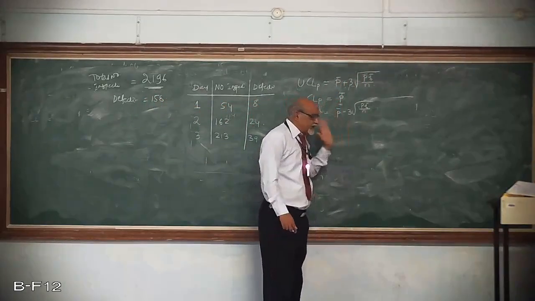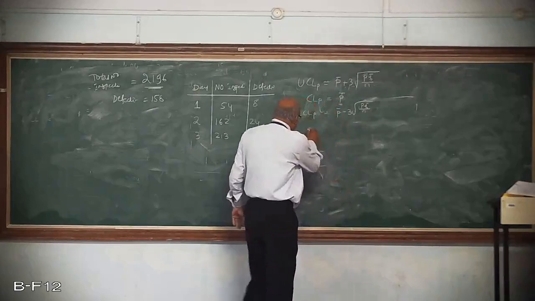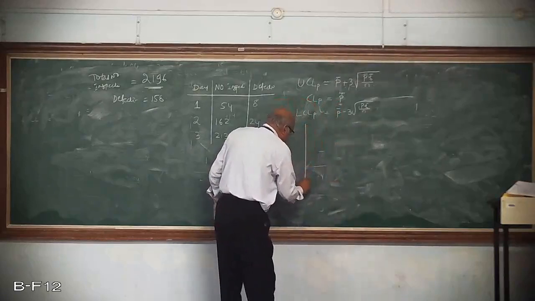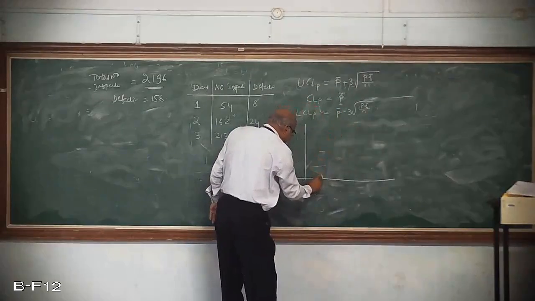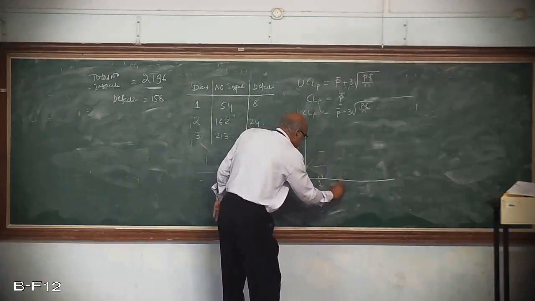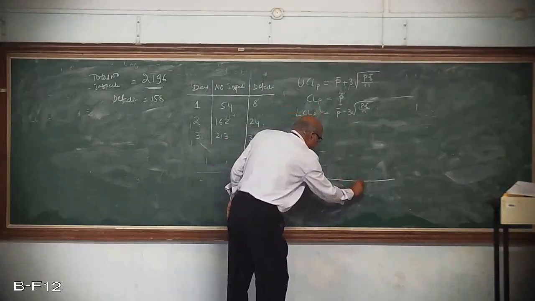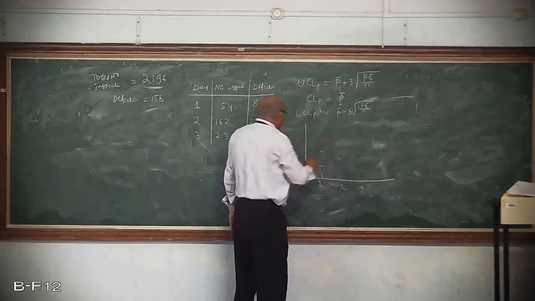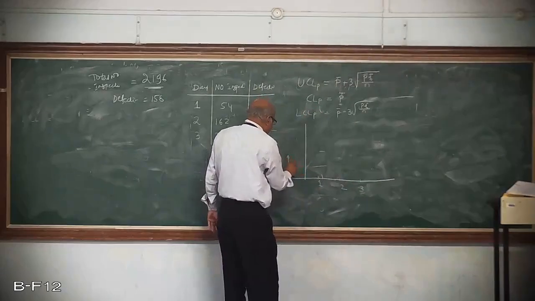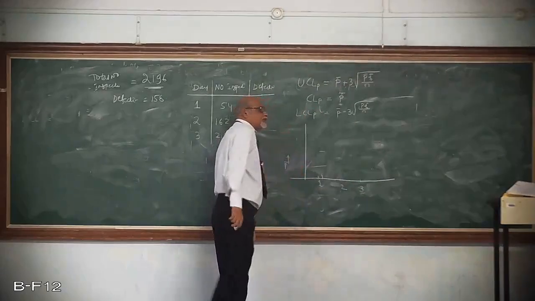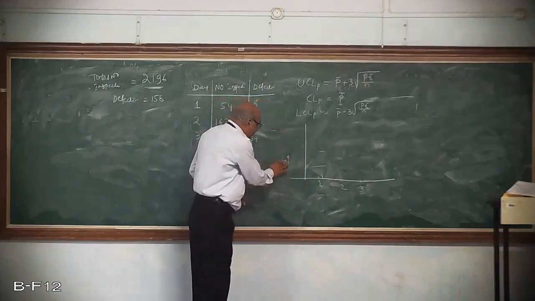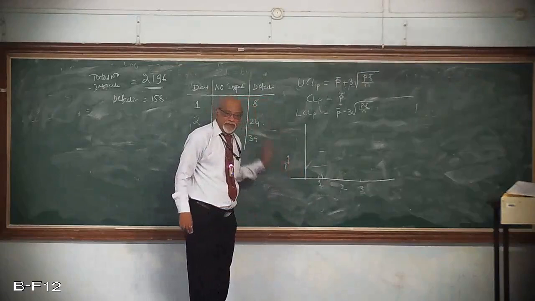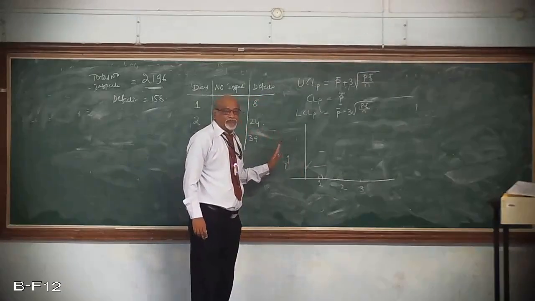One thing I can find out right now: if I consider the first sample, second sample, and then the third sample, the central line will be at P bar.